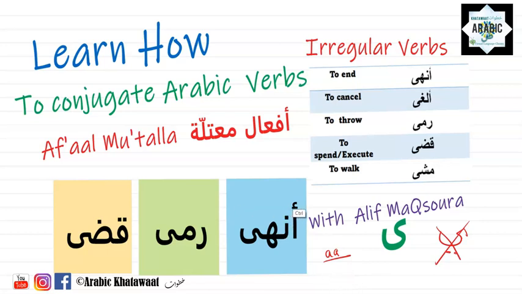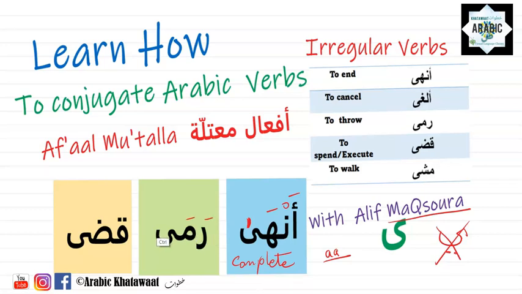The verbs that we have selected for today are anha, and most likely in some scripts or fonts you'll find that little tiny dash that will indicate it's a long alif or long vowel, which is alif maqsoura. Anha. This verb means complete.